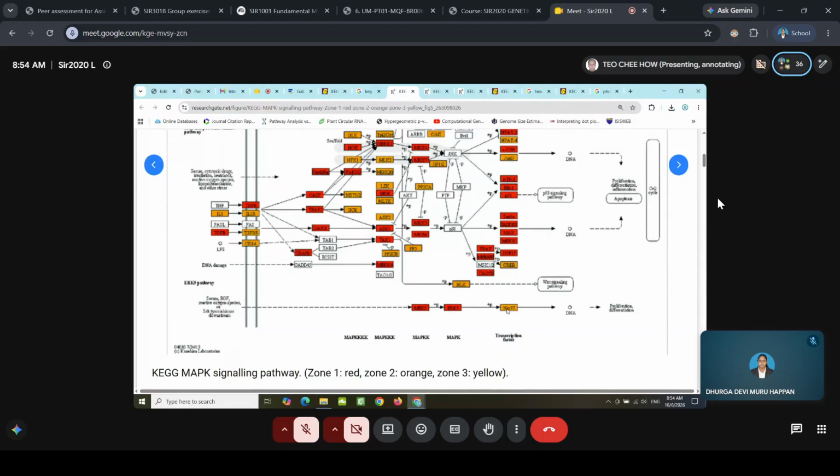Eventually NUR77 is supposed to be upregulated, but it shows yellow. It means there's another pathway that leads to the downregulation of the same gene. So that's why you get this mix. It also indicates this one is actually a gene family, so you have more than one copy of the gene.